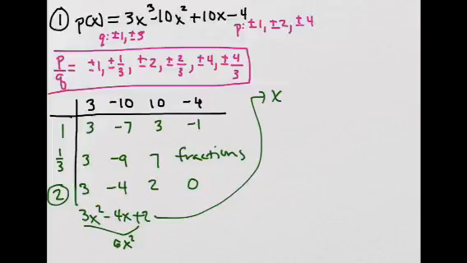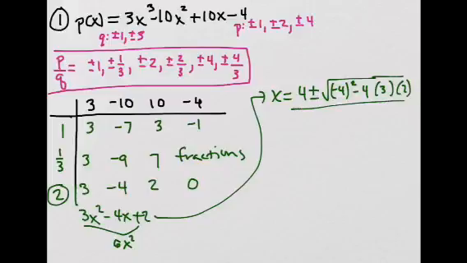So x equals the opposite of b, plus or minus the square root of b squared. Remember, you have to square the negative also. Minus 4 times a times c, all over 2a. So this gives you 4 plus or minus, now this is 16, I'll write it out, 16 minus 24, all over 6.